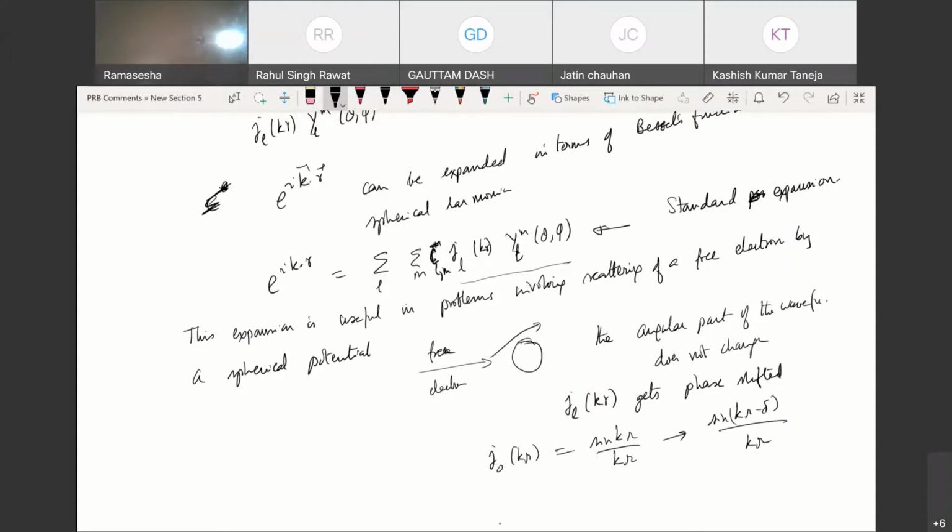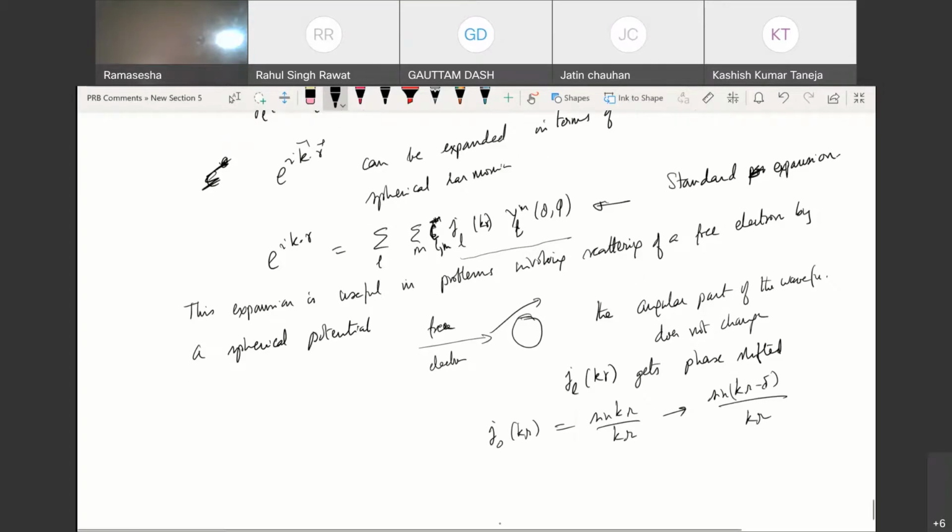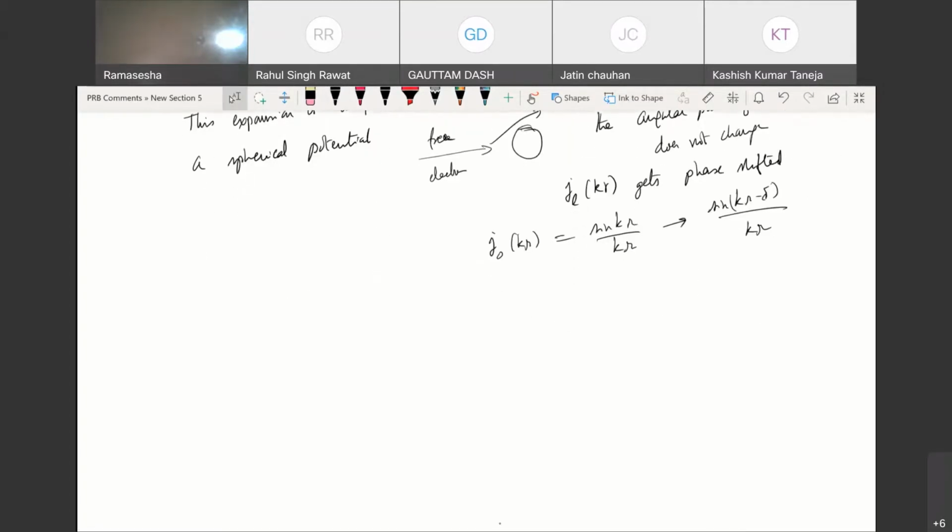Go to the coordinate, particularly spherical. Okay, so this is what.